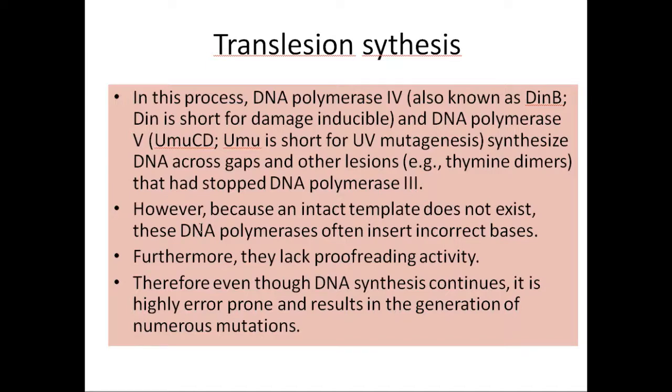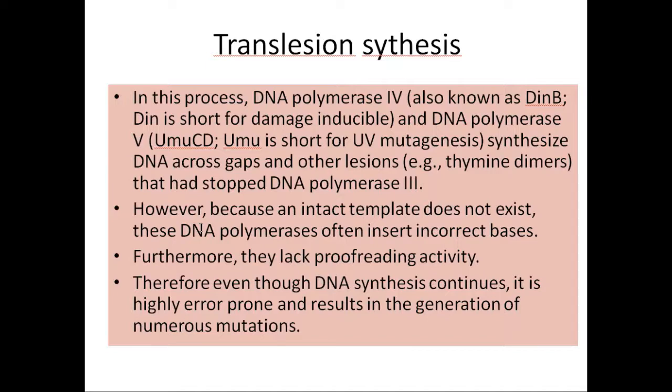However, because an intact template does not exist, these DNA polymerases often insert incorrect bases, and they also lack proofreading activity. Therefore, even though the DNA synthesis continues, it is highly error prone, resulting in the generation of numerous mutations.